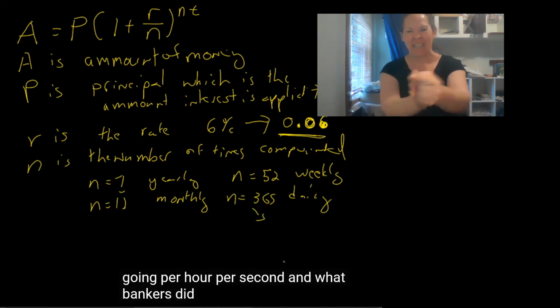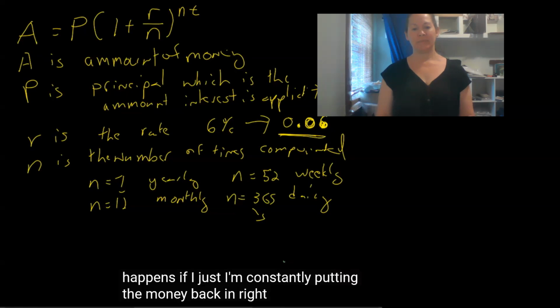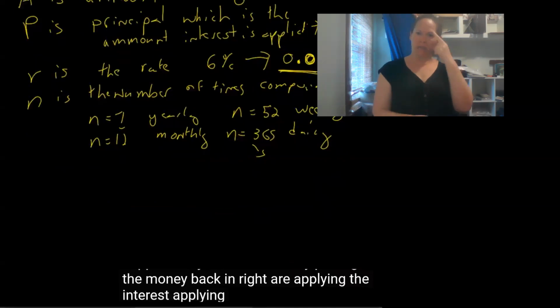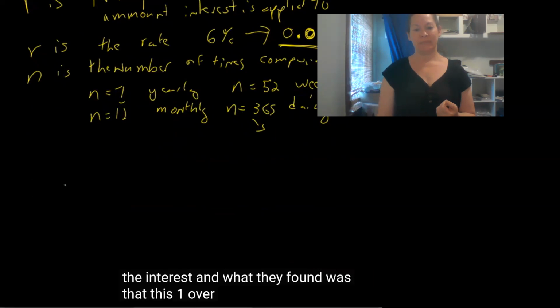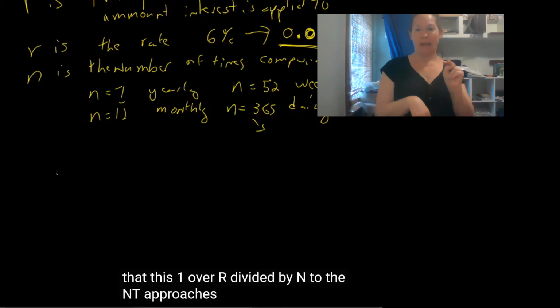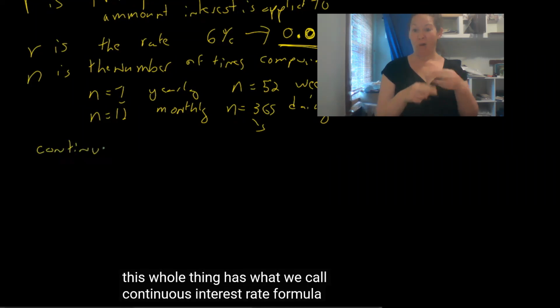And what bankers did is they said, well, what happens if I'm constantly putting the money back in, or applying the interest? And what they found was that this 1 plus r divided by n to the nt approaches this thing called e. And so this whole thing is what we call the continuous interest rate formula.